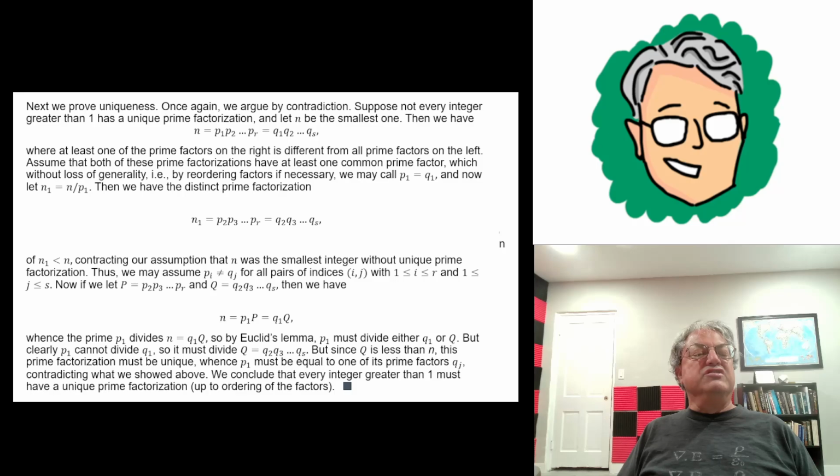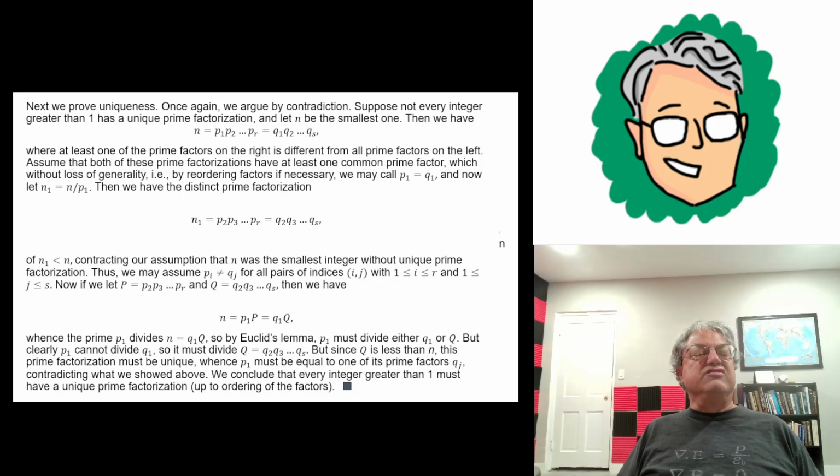but p1 divides it. And that means that little p1 is a prime divisor of capital Q. But that contradicts what we already showed, that all the prime divisors on the right side of the equation for little n, those are all the qj's, are distinct from all the p's.